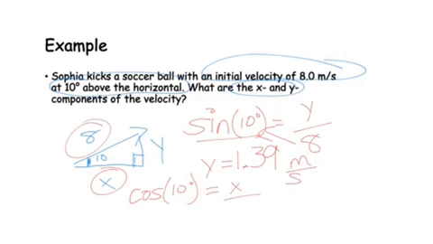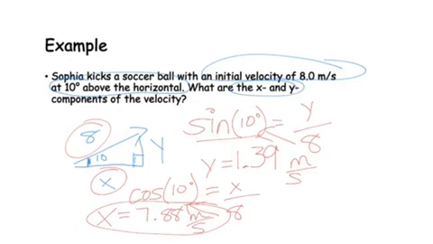So same thing, cosine of 10, and then cross multiply, which gives us an x component of 7.88 meters per second. So there's my x component, and there's my y component.